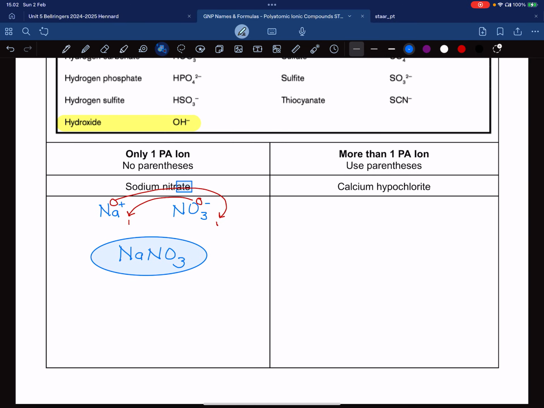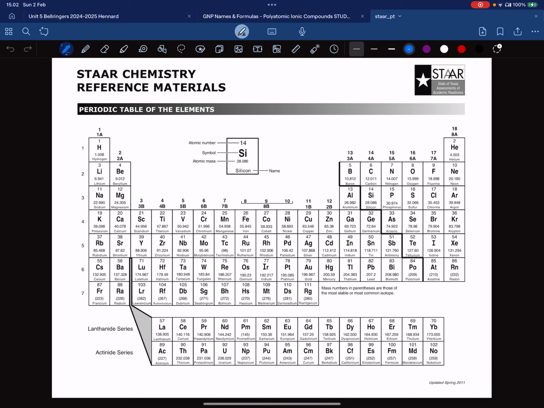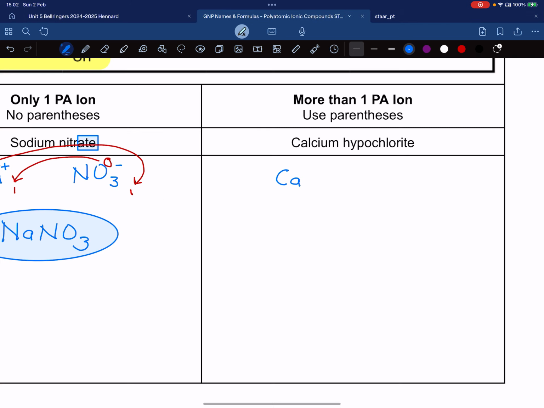Now, sometimes you have more than one polyatomic ion, and so you do need a parentheses. So, calcium is just Ca. We go back to the periodic table. We find calcium. It's in group 2. That makes it a +2 charge.